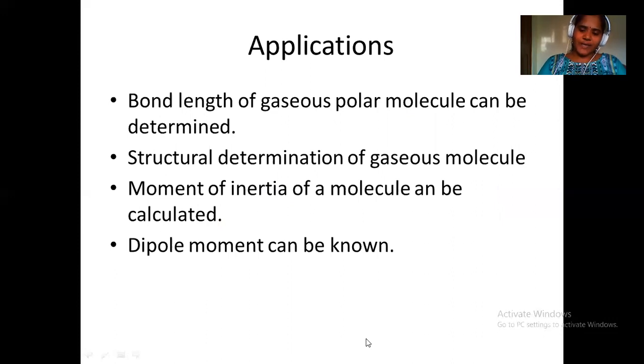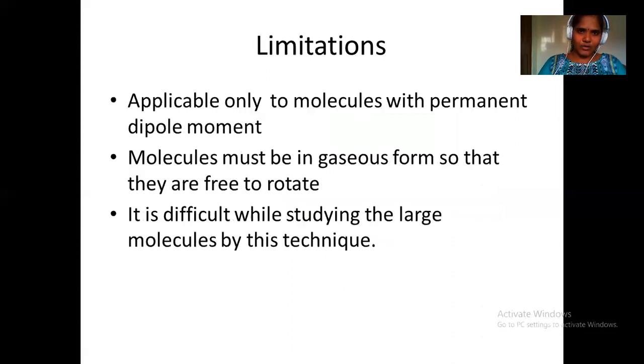But this spectroscopy has some limitations also: it is applicable only to molecules with a permanent dipole moment. That is a basic criterion I told you. There should be polarity in a molecule so that it can exhibit the polarity and the rotation, and then we can run that molecule in the gaseous state to get the spectrum.